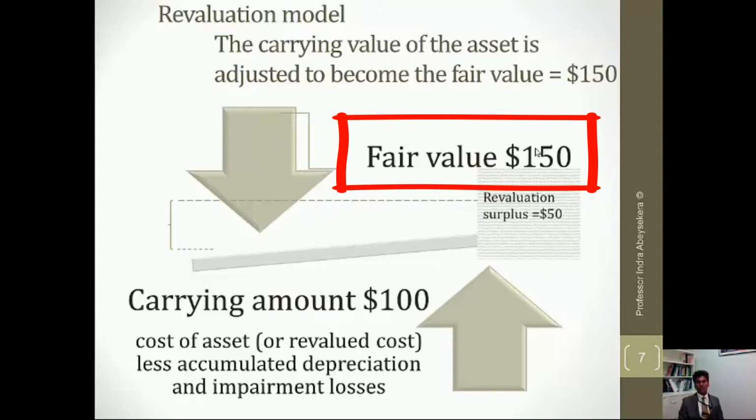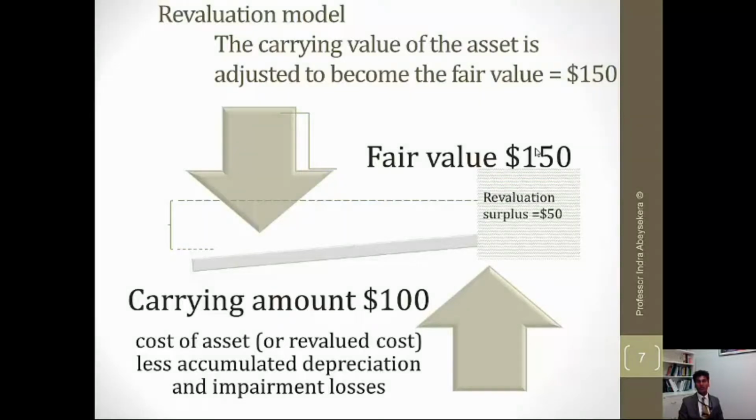So let's take market value as a proxy, say 150 market value, but the carrying value is 100. Under the revaluation model, we can increase this carrying amount to match the market value, 150, and then we can write a journal entry.